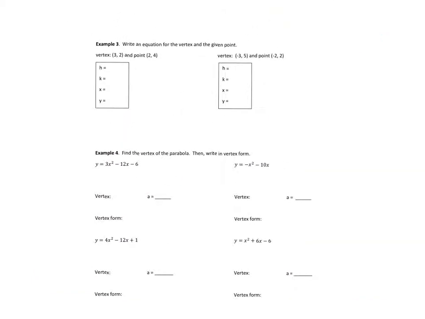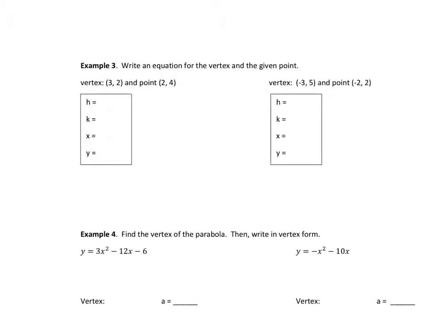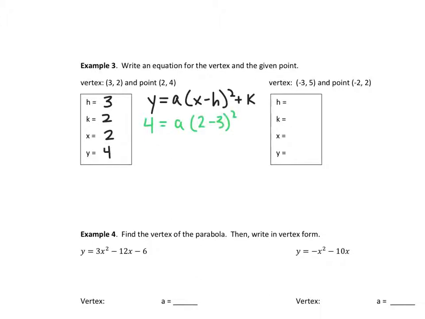Okay, same process again. So I don't have a picture this time, but I have the vertex is (3, 2) and the point is (2, 4). So it's y equals a times (x minus h) squared plus k. So 4 equals a times (2 minus 3) squared plus 2.